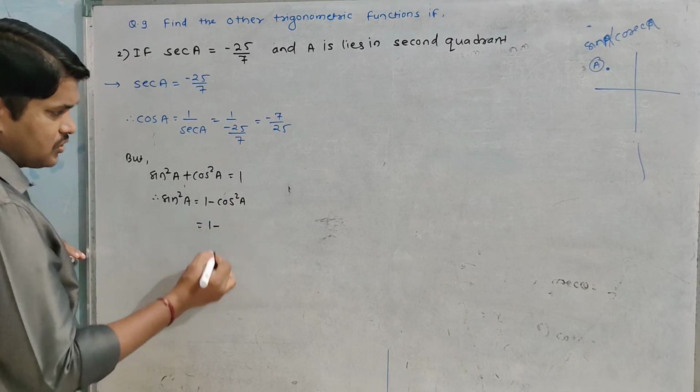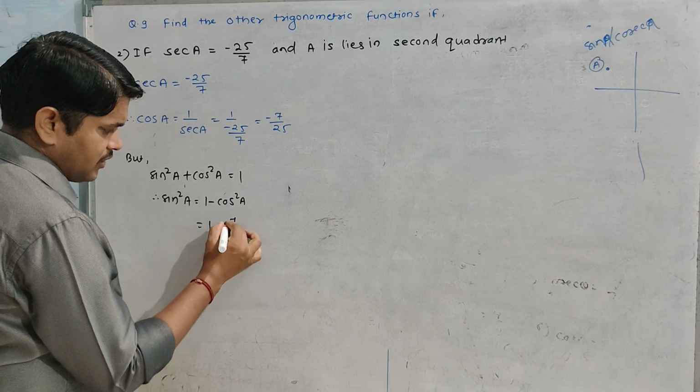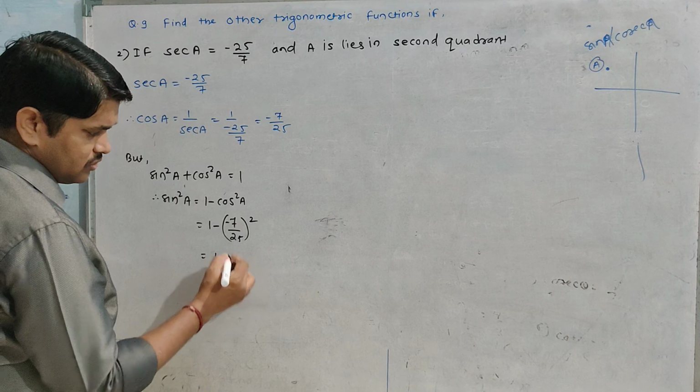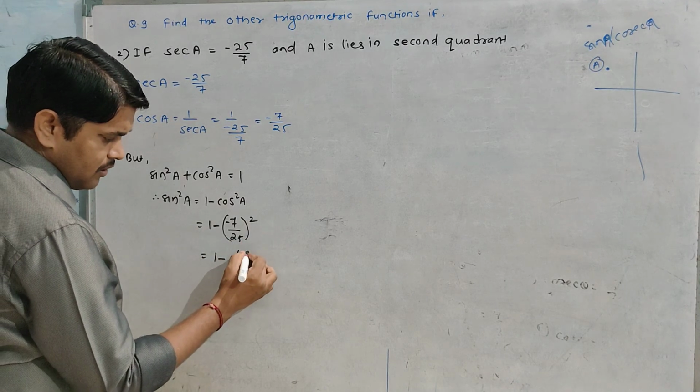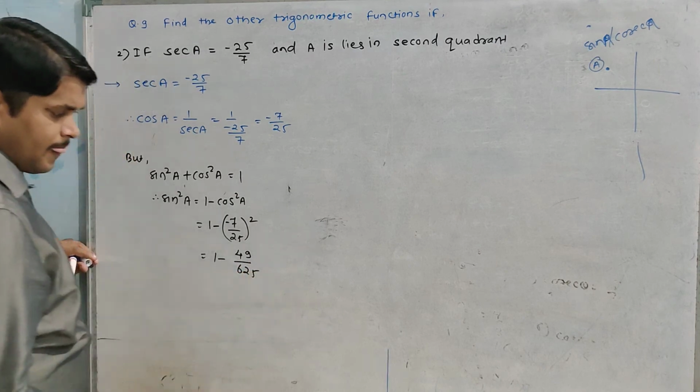So 1 minus, the value of cos is minus 7 upon 25, squared. What is the square of 7? It is 49, and the square of 25 is 625.